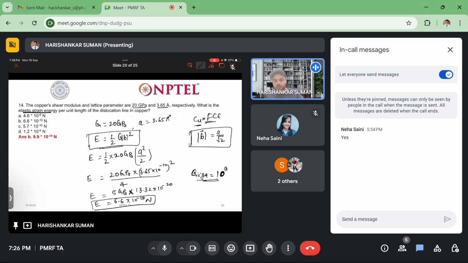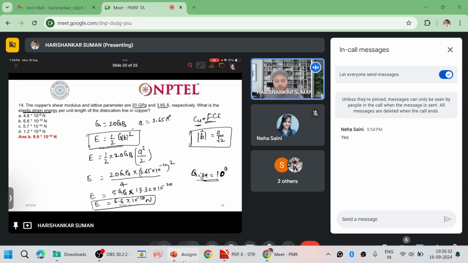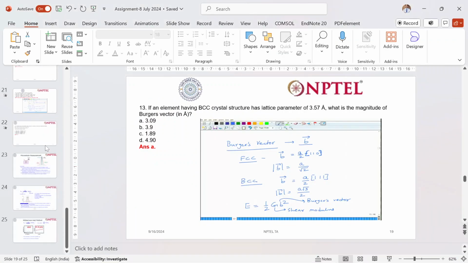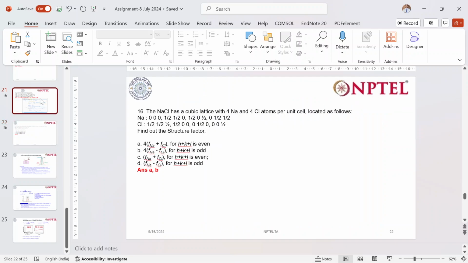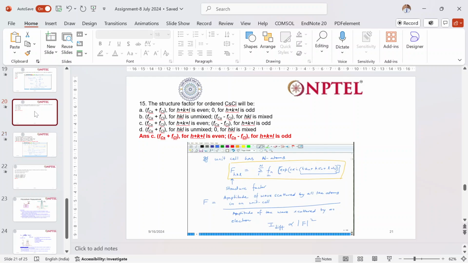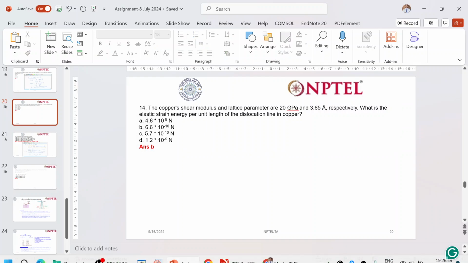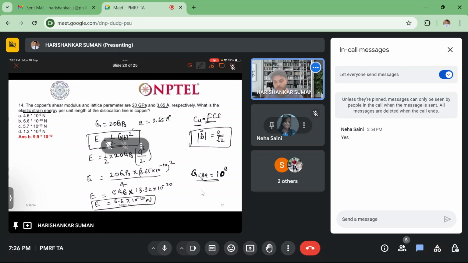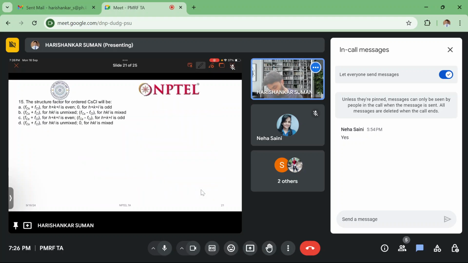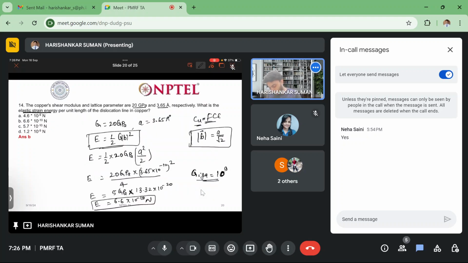B option is correct. Some correction is there, let me correct it. Okay, so B is the correct answer.